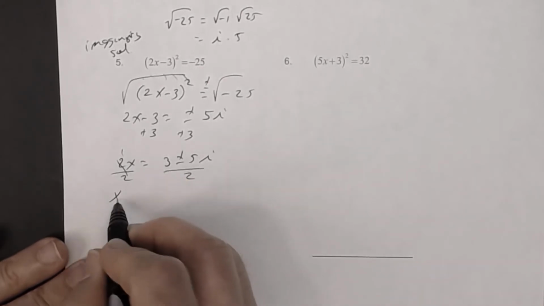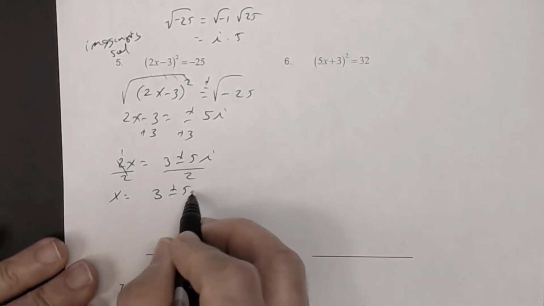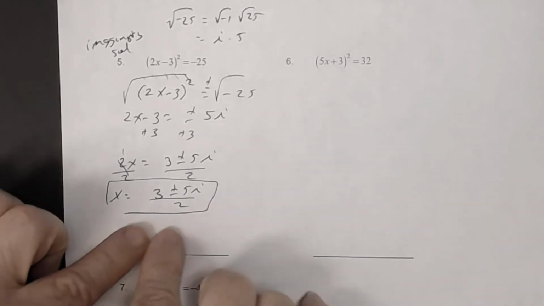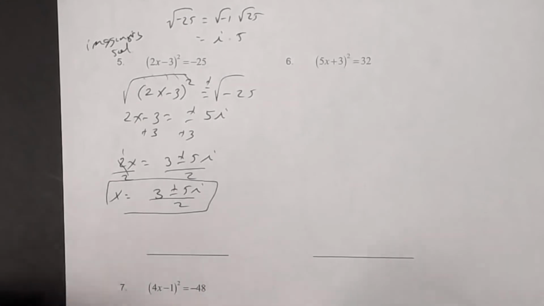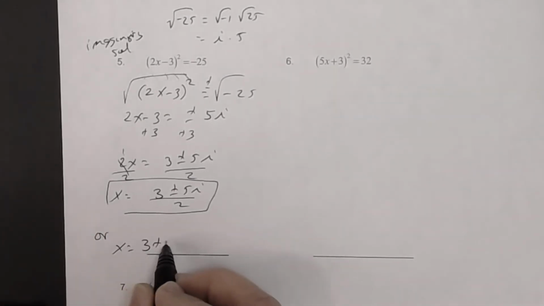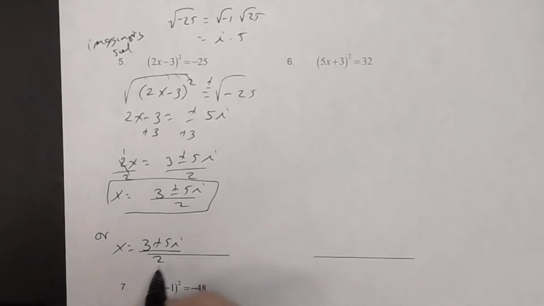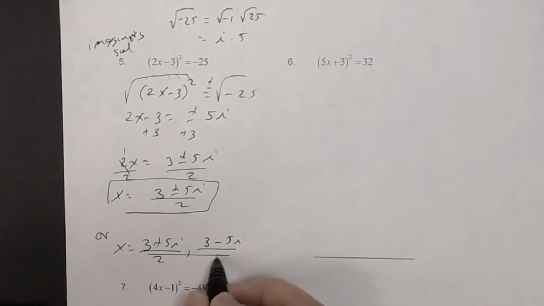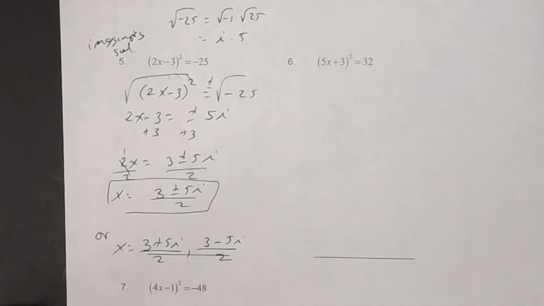Just like this. So x equals 3 plus or minus 5i, all divided by 2. So you left it in compact form. If you actually want to write the 2 separate solutions, you can. So you can say x equal 3 plus 5i, all divided by 2, comma, 3 minus 5i, all divided by 2. Okay?